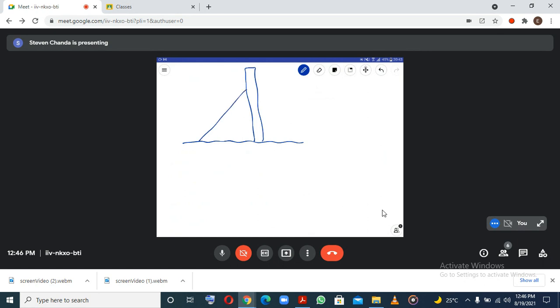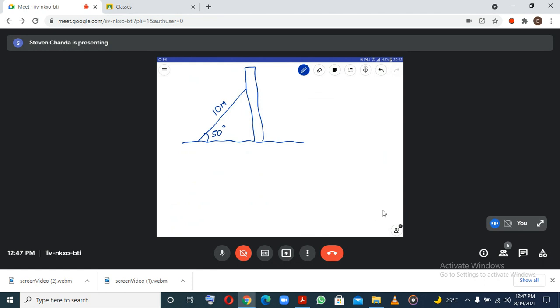This ladder has made an angle of 50 degrees. I'm just drawing this so that people can get the context, and I'll draw the free body diagram later on. Then the length of this ladder is 10 meters. And we know that there is friction which is occurring.